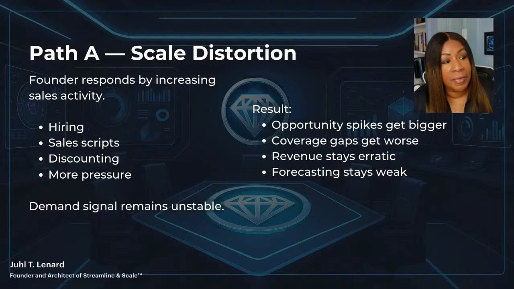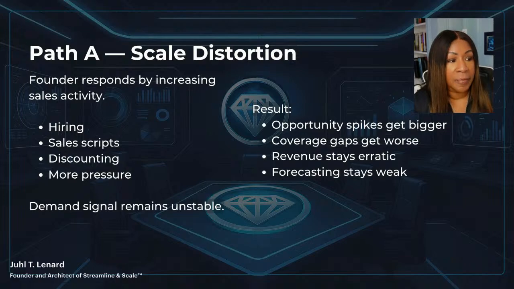The result of that, however, is the opportunity spike gets bigger, the coverage gaps get worse, the revenue stays static, and forecasting stays weak. So in reality, the demand signal stays unstable.